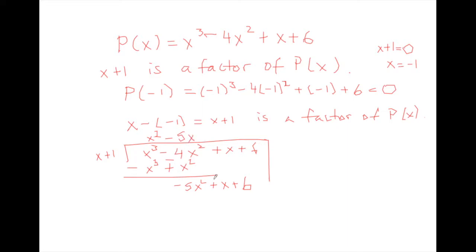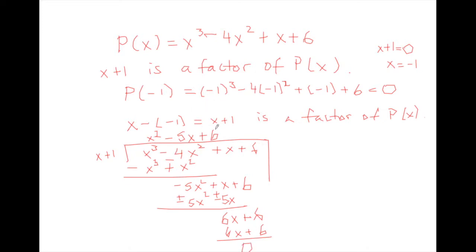So when you multiply -5x with x plus 1, you get -5x squared minus 5x. Then you change sign and add, and you get 6x. You bring down the 6, and that simply means we multiply x plus 1 by 6, and that indeed gives us a remainder of 0.